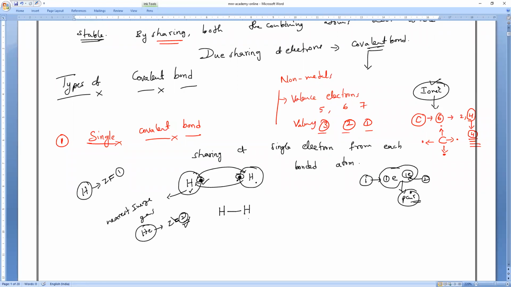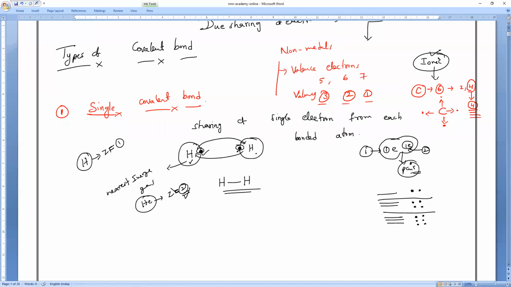Remember, one line means one pair of electrons is shared. Two lines means two pairs. Three lines means three pairs. Each line indicates one pair. So a single pair of electrons shared is what we call a single covalent bond.